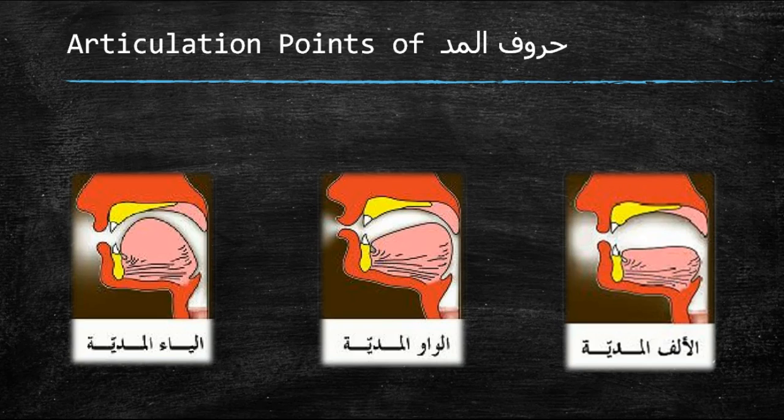Qa, sa. See? In the waw, we said that the articulation point is as well the opening cylinder of the mouth and the throat, and the airstream comes out from the lungs.